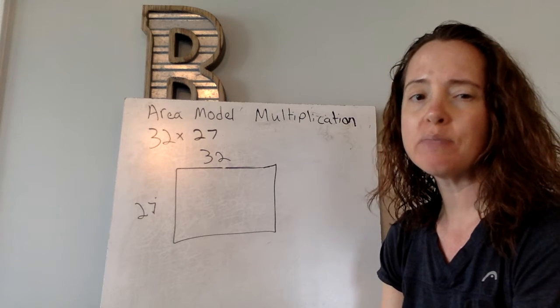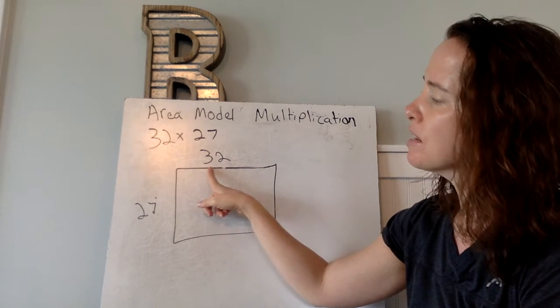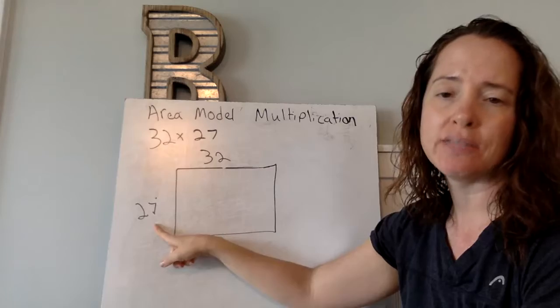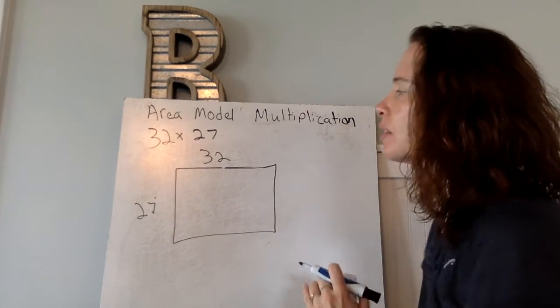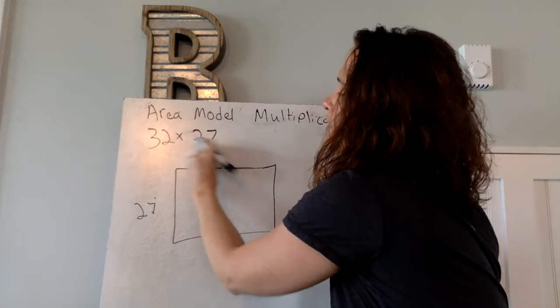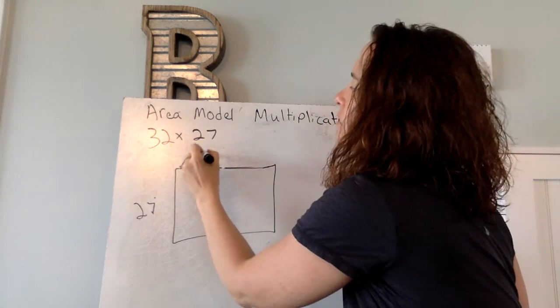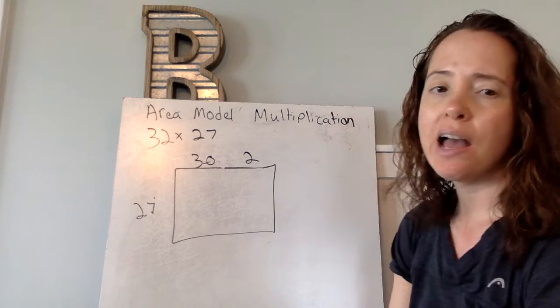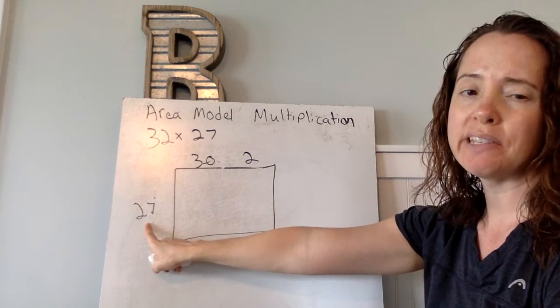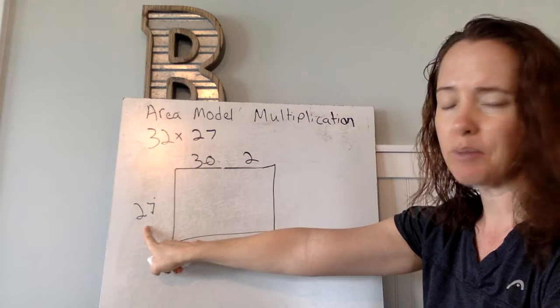So what we're going to do, remember, we have to break apart each number into its place value, or expand it according to place value. So 32, if I break it up into tens and ones, becomes a 30 and a 2. I'm going to do the same thing to 27 because it is a two-digit number as well.